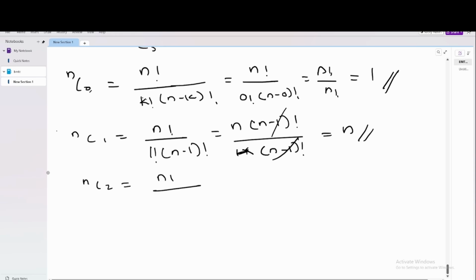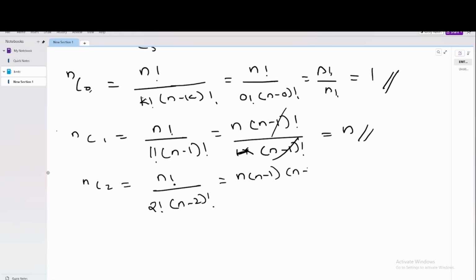nC2 is n factorial divided by 2 factorial into n minus 2 factorial. 2 factorial is 2 into 1, which can be written as 2.